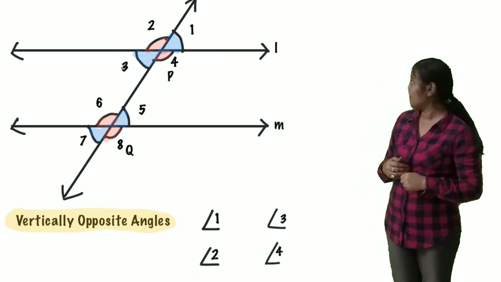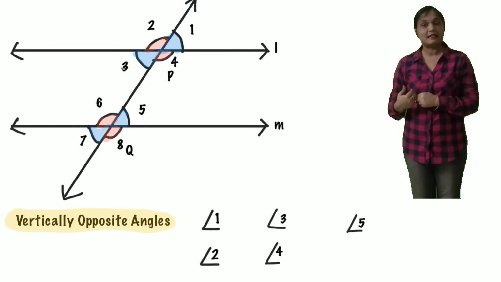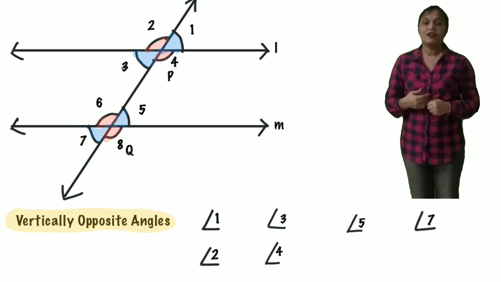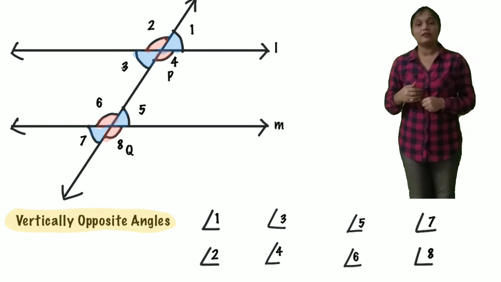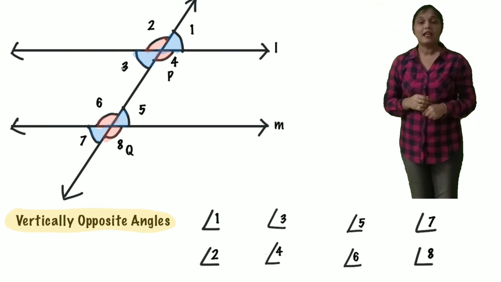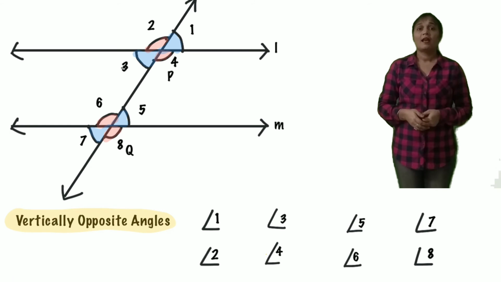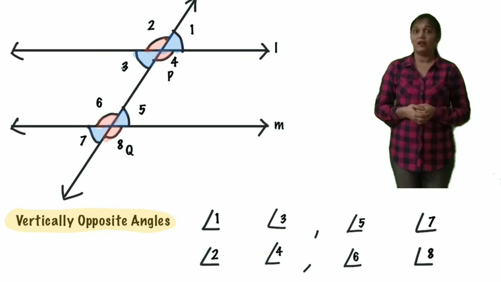Similarly, angle 5 and angle 7 are vertically opposite angles, and angle 6 and angle 8 are vertically opposite angles. So, in all, there are 4 pairs of vertically opposite angles in this figure. And vertically opposite angles are always equal.